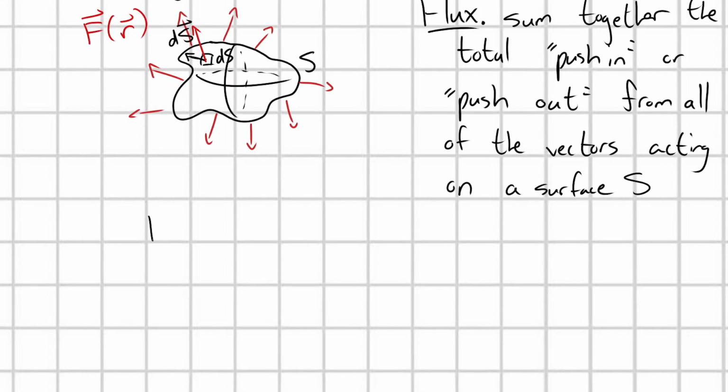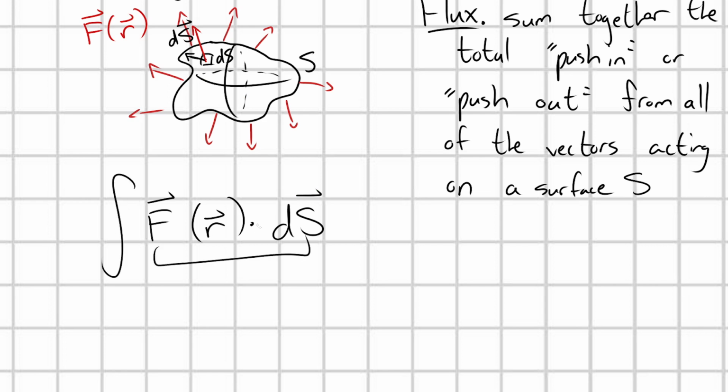If I take F of r dot dS, and now I integrate this infinitesimal over this entire surface S, this is defined as the flux through the surface S.